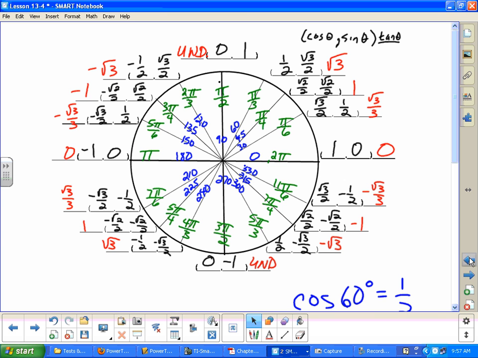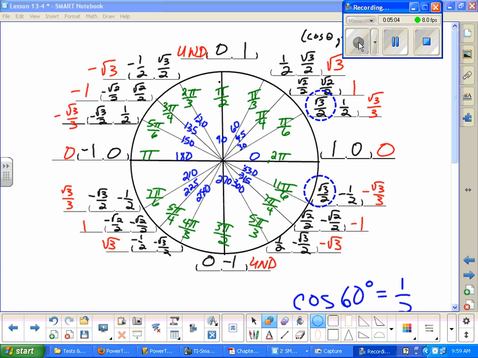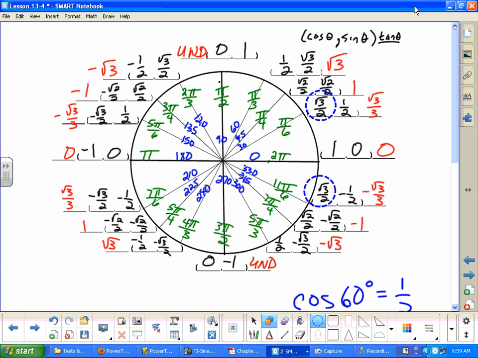So that would be here, and here. At those two spots, the x coordinate is positive square root of 3/2. That is at pi over 6 and 11 pi over 6.